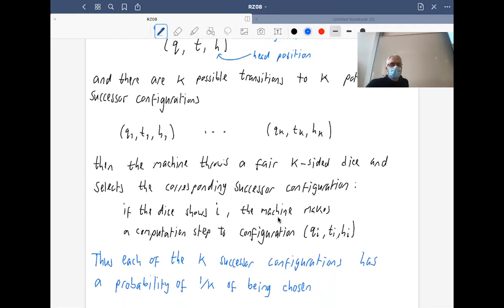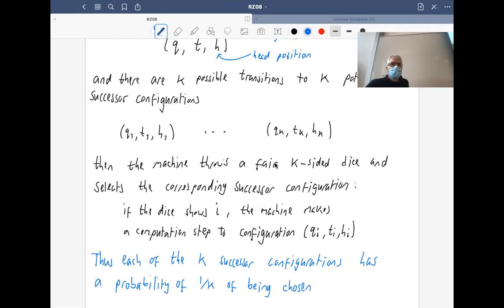And so then my execution model is, if you have k different possibilities, the machine conveniently has available a fair k-sided dice, whatever that would look like, and it selects the corresponding successor configuration. So it just makes a fair choice with uniform probability, 1 over k, to go to each of the successor configurations.